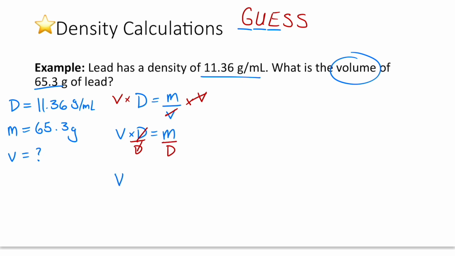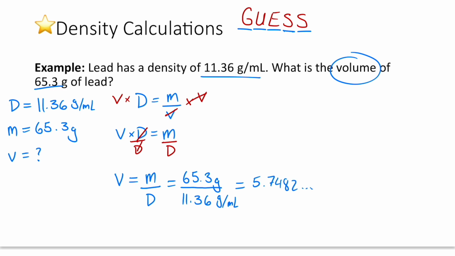And so we get for our equation, volume is equal to mass divided by density. Then I would move to my substitute step. So my mass. Now that we've got the information substituted in, the last thing to do is solve.